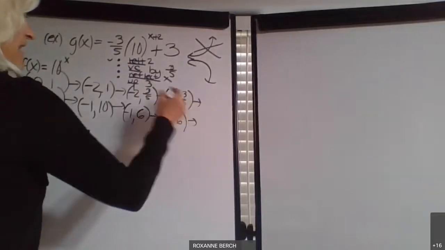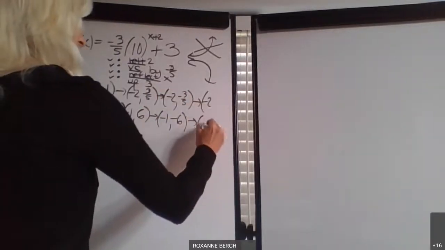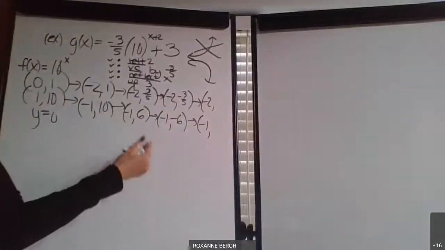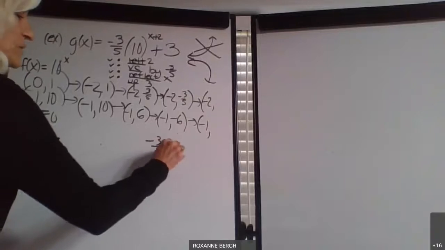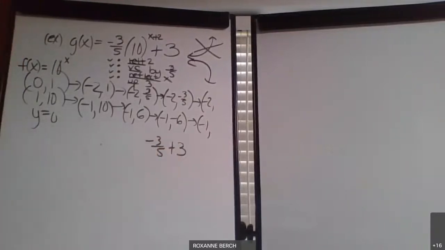The x stays the same. And up 3 means, watch, we have negative 3/5 plus 3. Well, don't you need a common denominator? Yes or no?